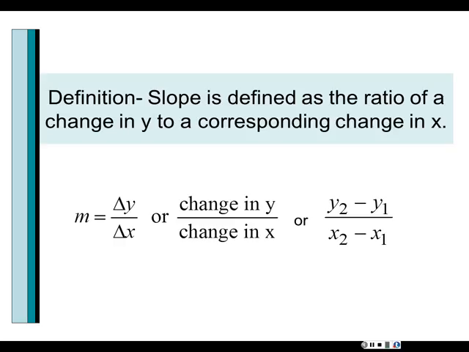Sometimes in math people use this sign, delta. I'm not sure whether you have seen it before, but delta is used to denote change. So this means change in y over change in x. Delta x means the change in x, delta y means the change in y. And again, we have the equation, we know that.